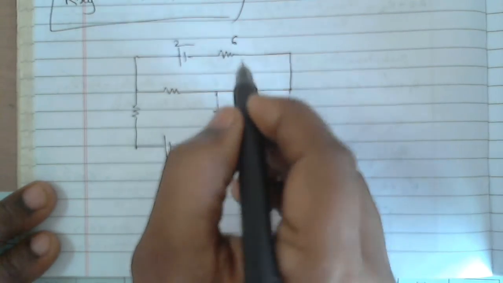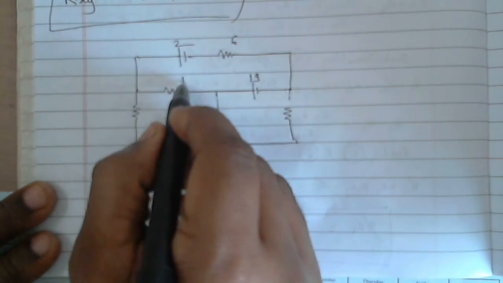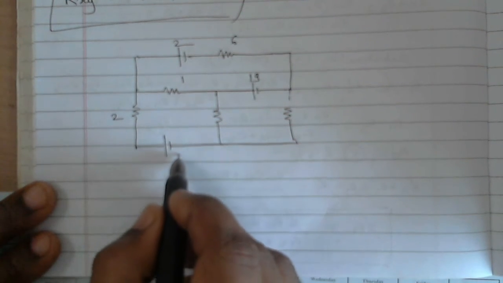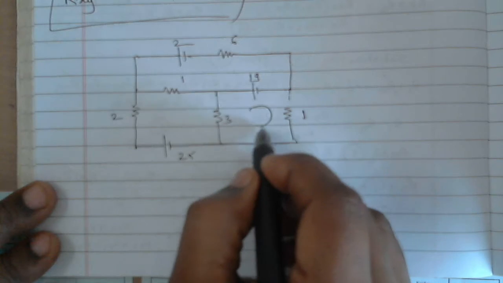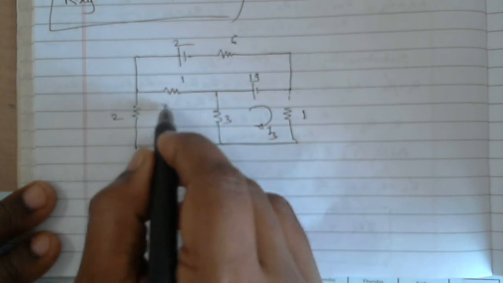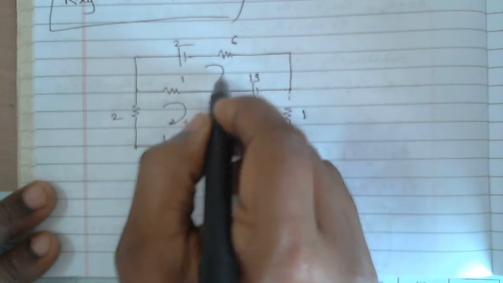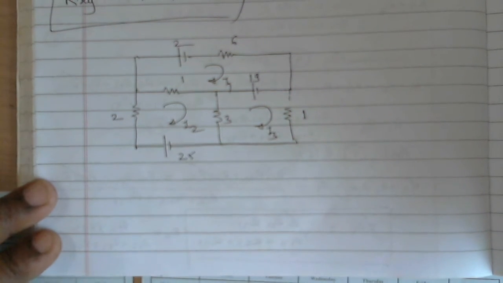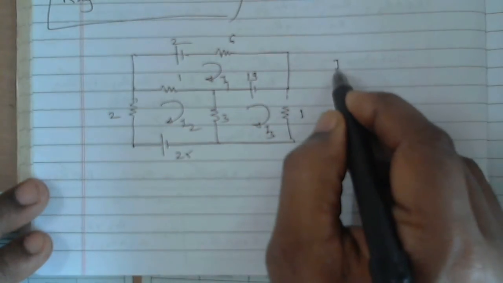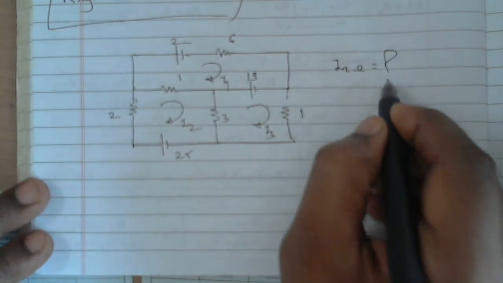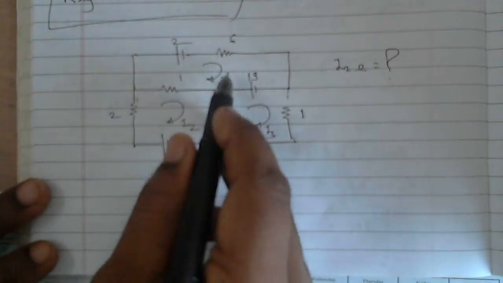Two, 6, 19, 1, 2, 25, 3, 1. This is I3, this is I2, and this is I1. Now you have been asked to find out current in this 2 ohm resistor. Find out current in 2 ohm resistor. So what you have to do? Apply KVL in all three loops.